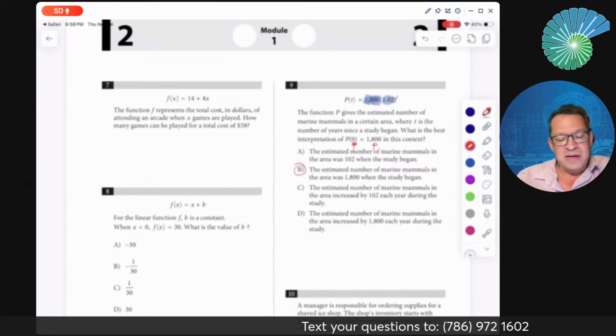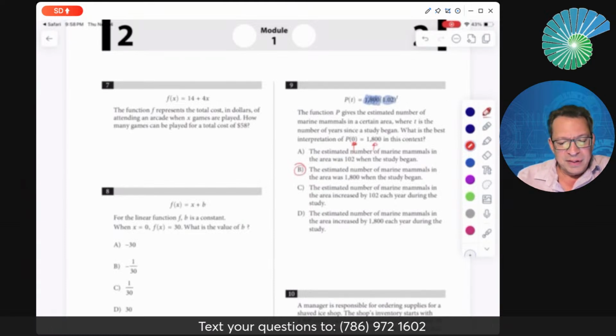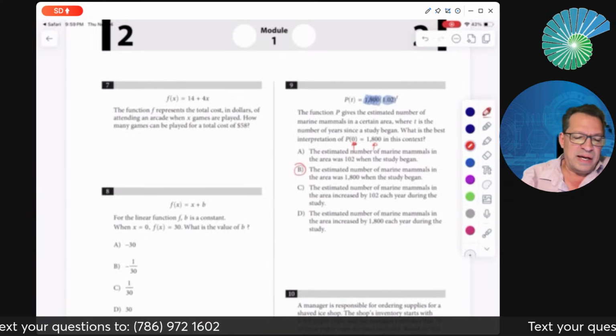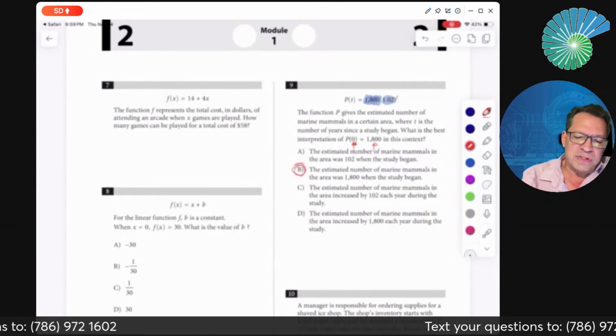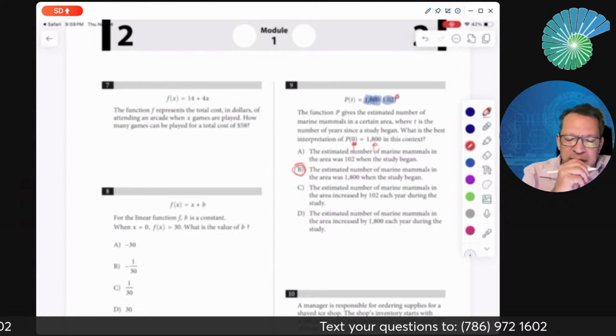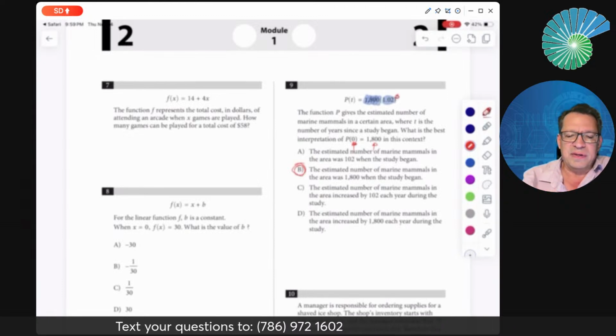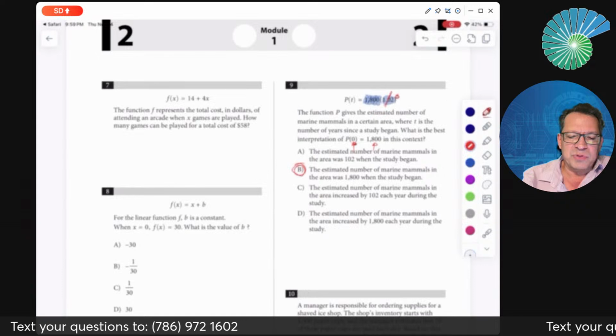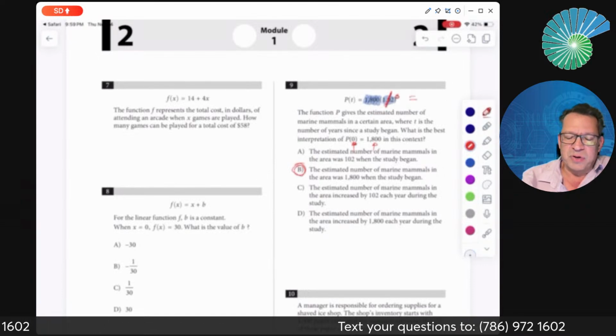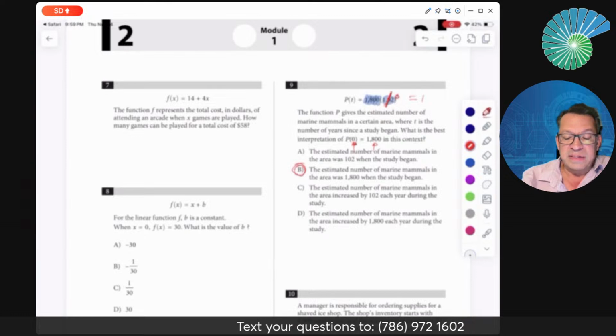That number is not even there. So when you put a 0 here, which is time is 0, at the beginning of the study, this becomes 1, and 1800 times 1 is 1800, which is the number of mammals.